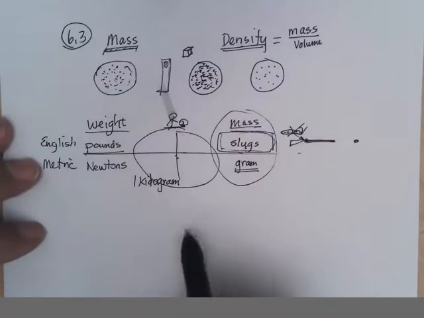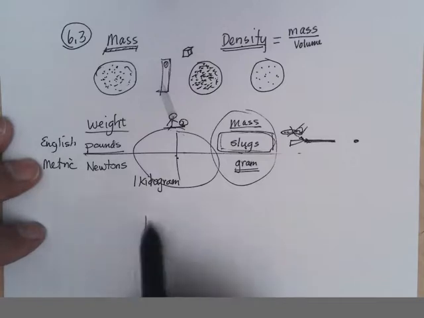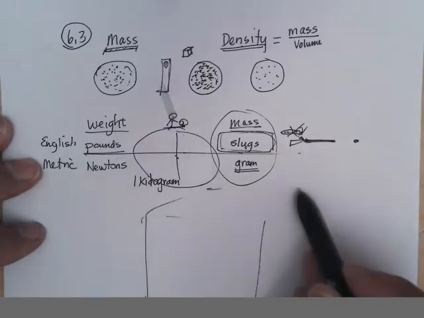A kilogram, by the way, is a 1 decimeter by 1 decimeter by 1 decimeter cube of water.